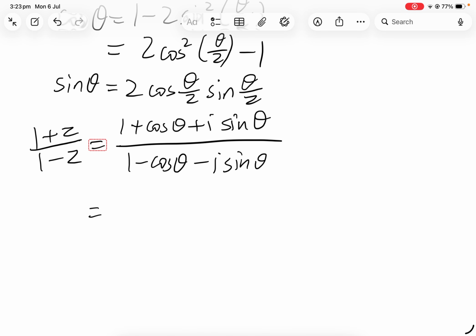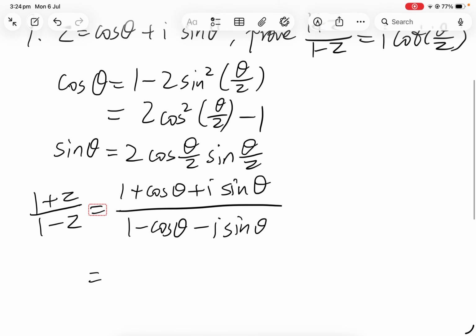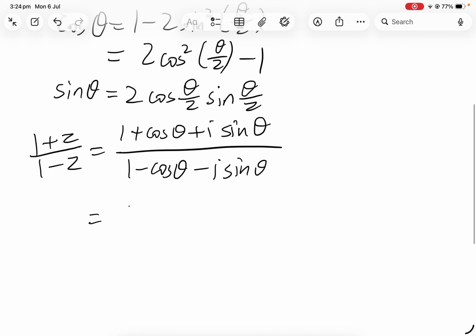So we're going to use the cos theta to cancel out the 1 here. So it's 1 plus cos theta, but we make it 2 cos squared theta over 2 minus 1.